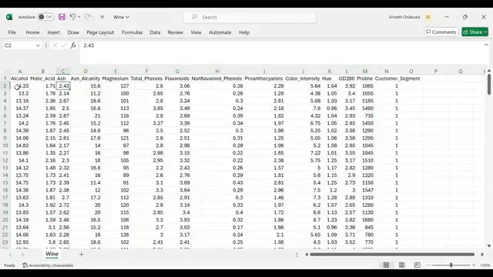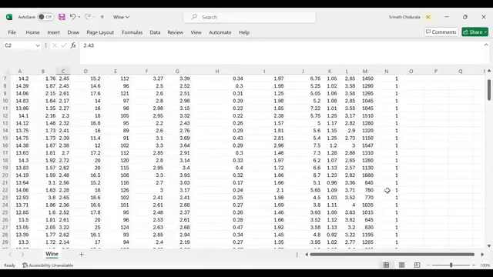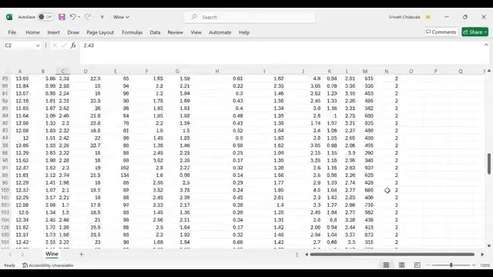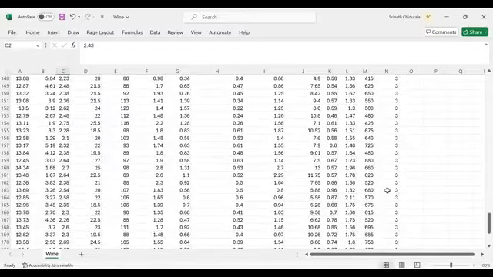Now, based on the attributes of these wines and the customers who are buying them, they have segmented the customers: which kind of customers like which kind of wines. You will find that there are three customer segments.